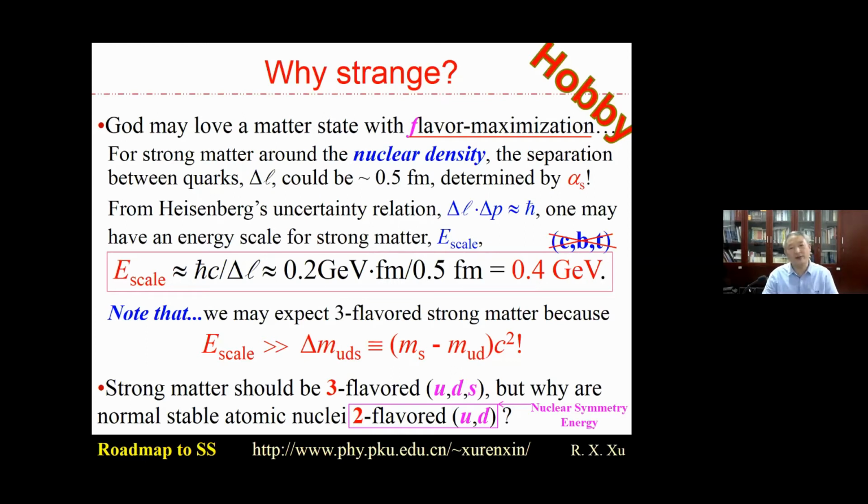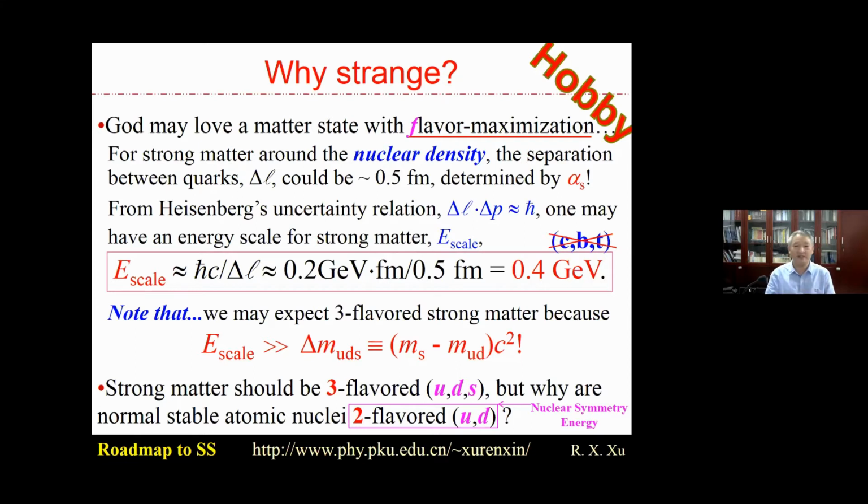The reason is very simple. Because the energy scale relevant to our case is not so strong. It's around 0.5 or 0.4 GeV. For the remnant of a core-collapse supernova, the typical density is around the nuclear density.